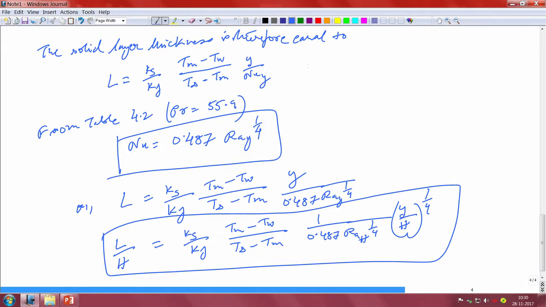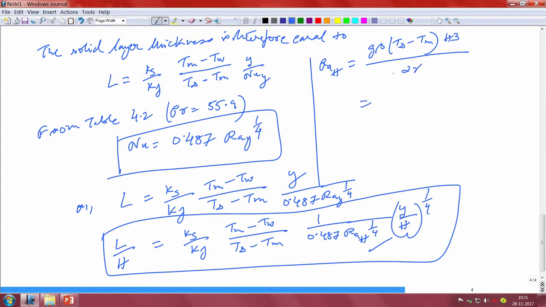The Rayleigh number based on the overall height H, which was given to us, is T infinity minus Tm times H cube over alpha gamma. If you plug in the numbers, it is 1.39 times 10 to the power of 8.